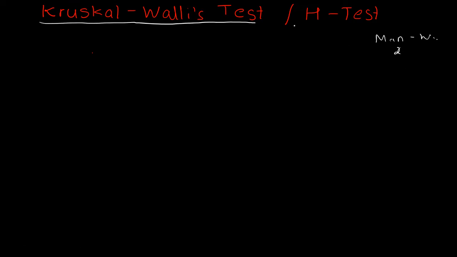It is quite similar to the Mann-Whitney test, but unlike the Wilcoxon signed rank test and the earlier test we saw, the Friedman test, where the samples were in pairs, here the samples are independent of each other.